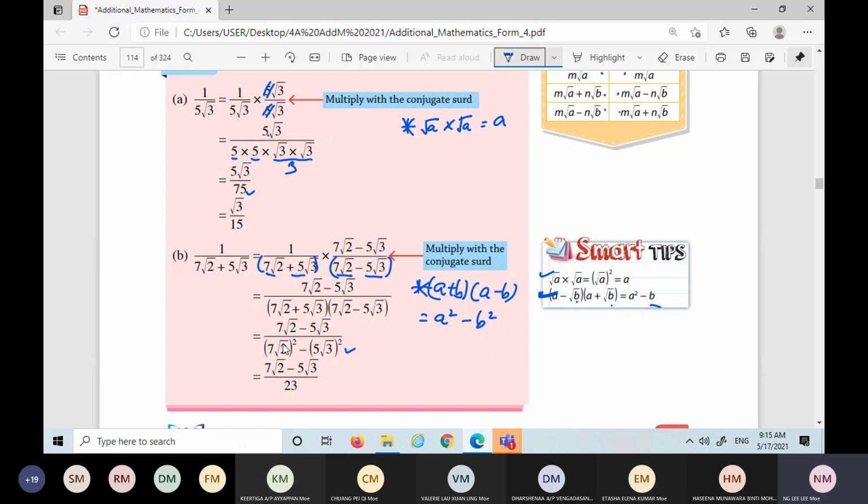So 7 square root of 2 squared. This one will give you 7 squared and then square root 2 squared. So this one will give you 49, and the square root and the square will disappear, so it becomes 2.